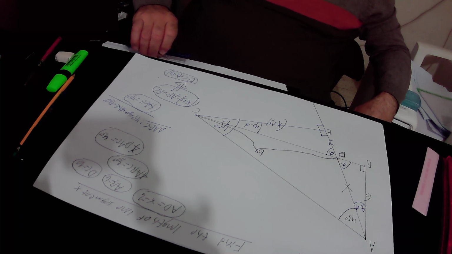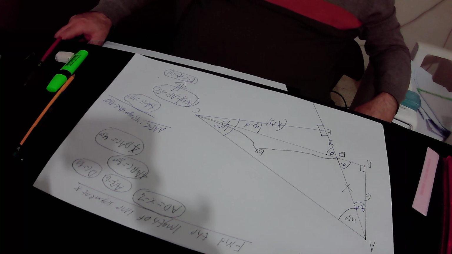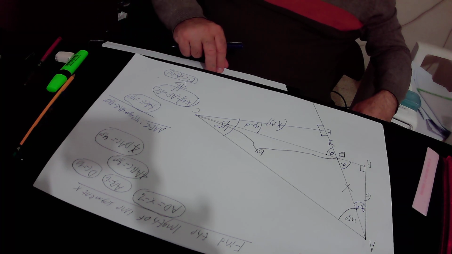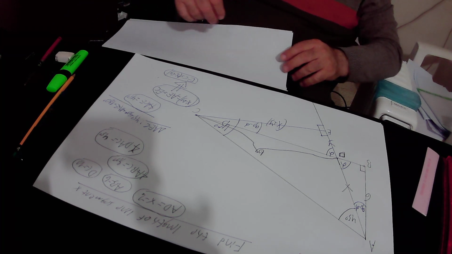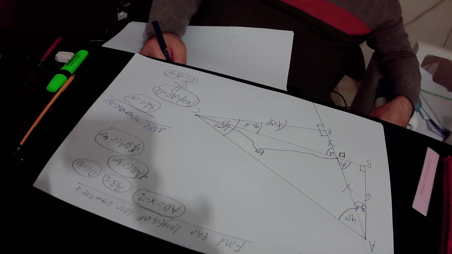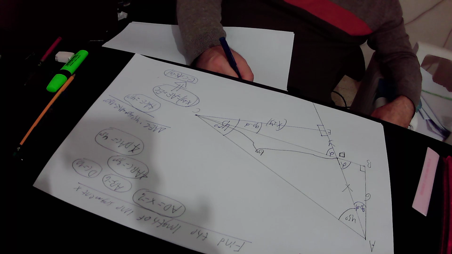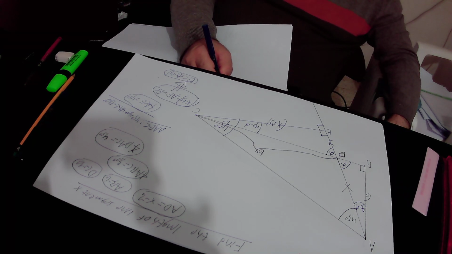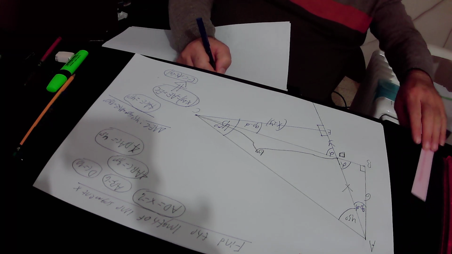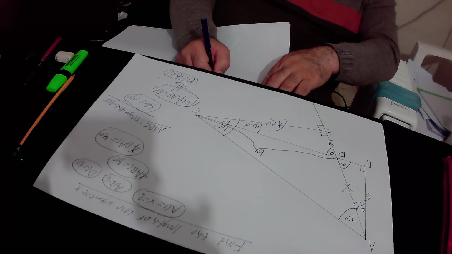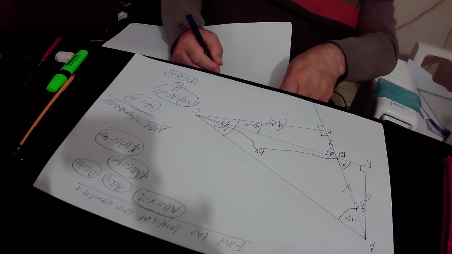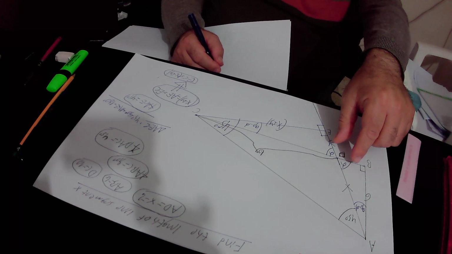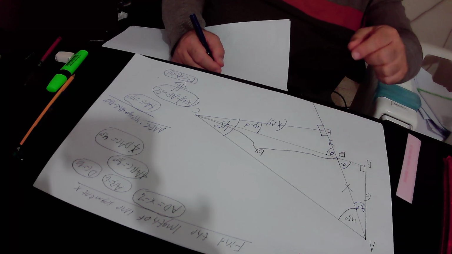So I will write it down. We'll focus on the right triangle ABD and the right triangle DEC. Those two angles are equal to each other, they are both equal to alpha.